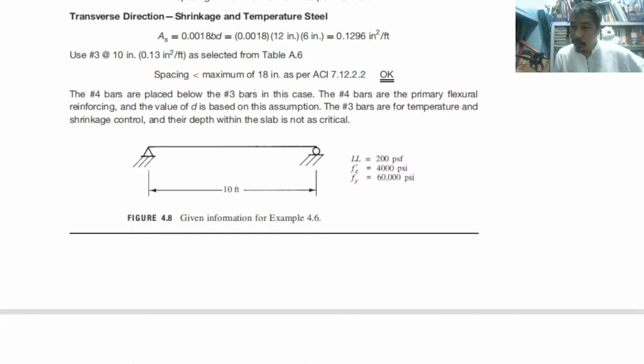I am just telling it to you, but I will give you easier design problems that do not need this checking in our exam or quiz. So this is for actual professional construction work.